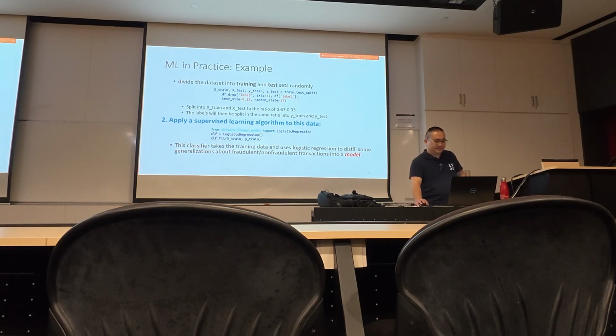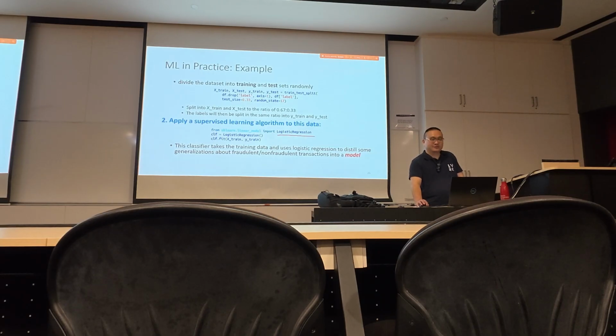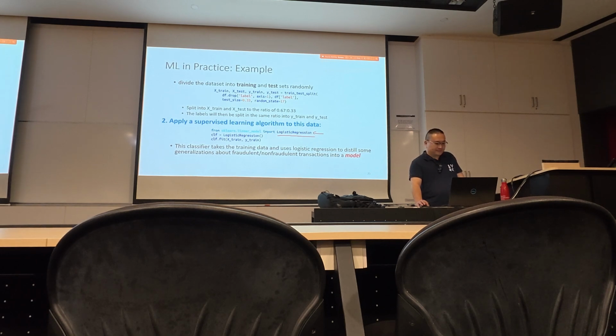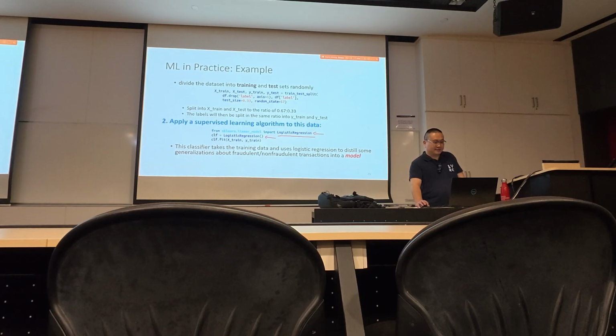After data is split into training and testing, training the model is straightforward. Here's an example of training a logistic regression model. We don't need to understand the mechanism behind this one. It's a fancy name, logistic regression, but in this subject, we treat it as a practice model. What you do is create a model, which is one line of code. You don't need to understand the mechanisms behind the model.